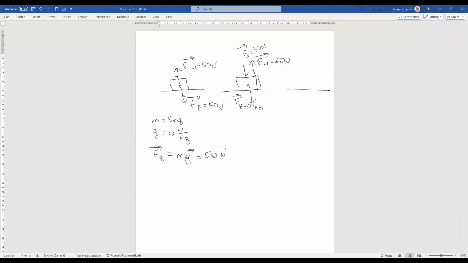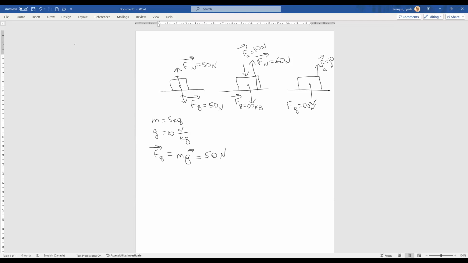And then the situation when you have a force pulling up, so let the applied force be up, and let it be the same 10 newtons. Okay, so force of gravity stays the same, 50 newtons. So those two forces are in opposite directions, one is up, one is down.